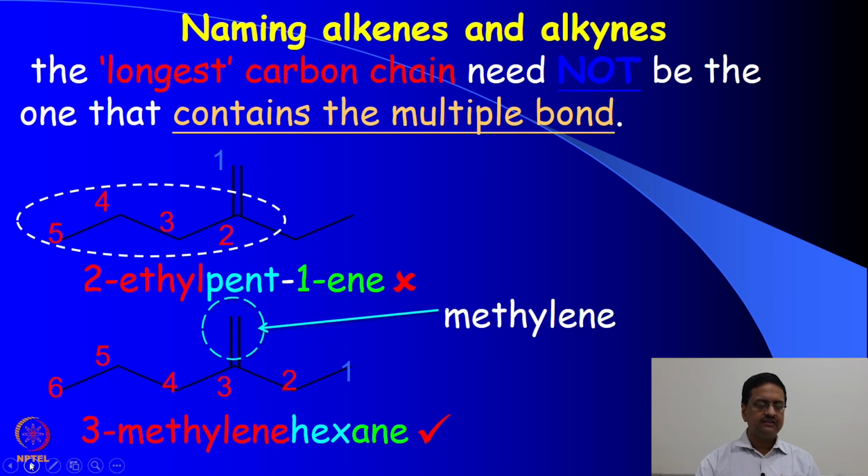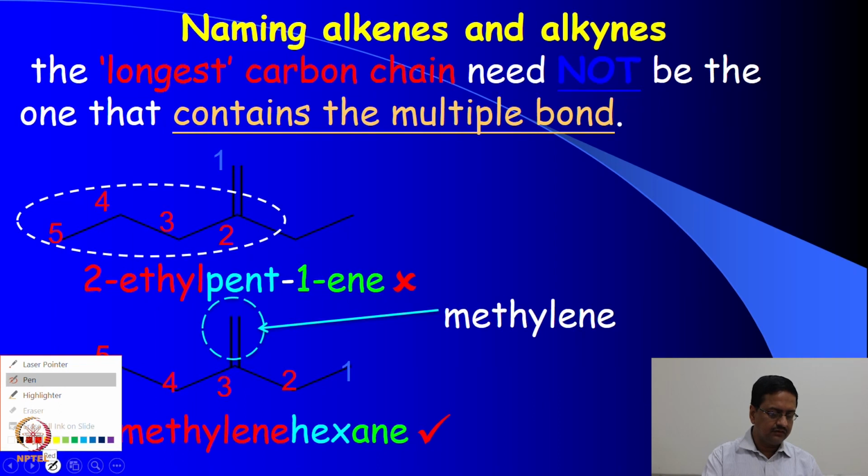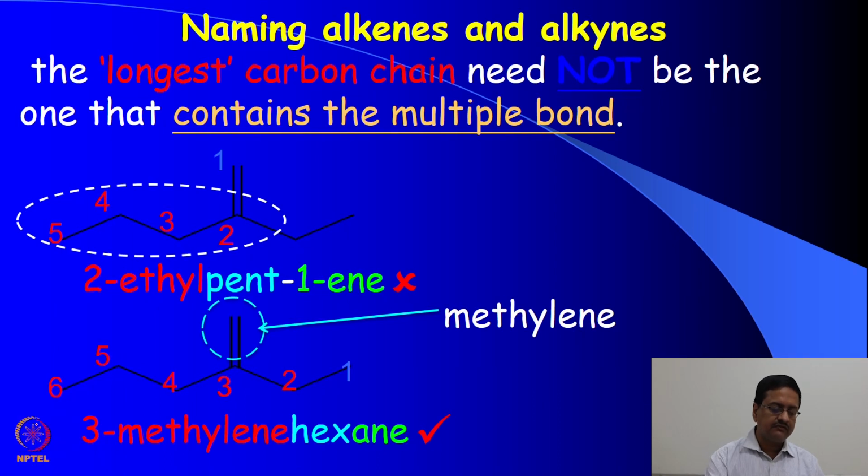So, for example, in this particular case, you have a molecule written here in the upper portion, where you can number the atoms starting at the point where the double bond starts, and then number it like 1, 2, 3, 4 and 5 as is shown in the upper structure, and you can try to write their name like that, 2-ethyl pent-1-ene.